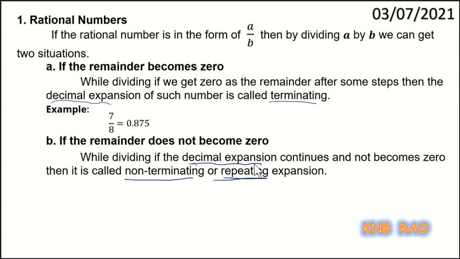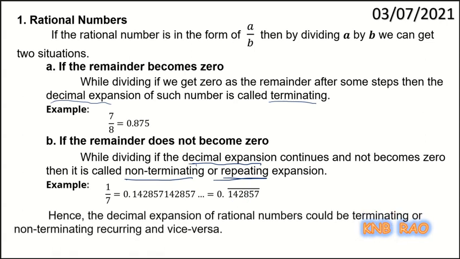For example, when 1 is divided by 7, we got the digits 1, 4, 2, 8, 5, 7 keep repeating in the same order. So, we got decimal expansion non-terminating, which means not ending, and repeating.